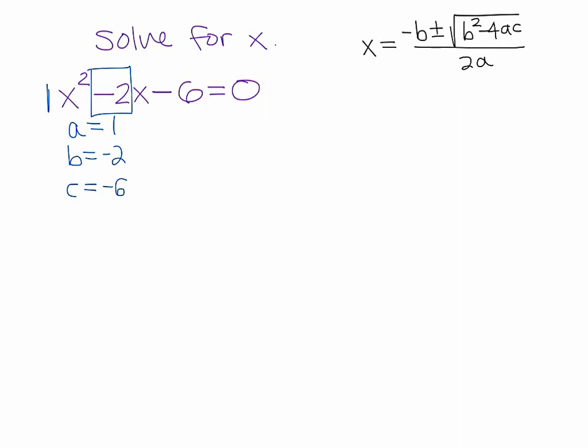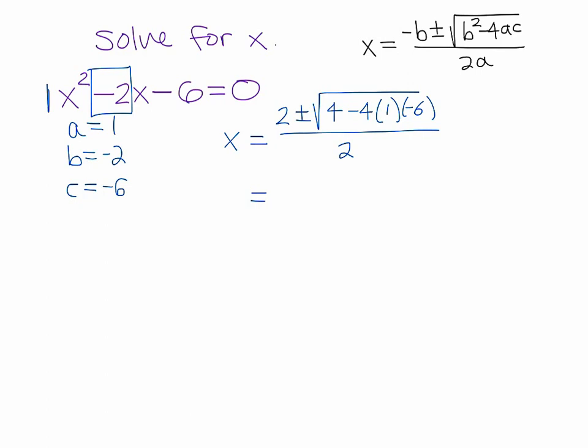So using the quadratic formula, we have x is equal to negative b, so that's negative 2, makes it positive 2, plus or minus the square root of b squared, so that's negative 2 squared, again that's 4, minus 4ac, all over 2a. 2 times 1 is just 2.